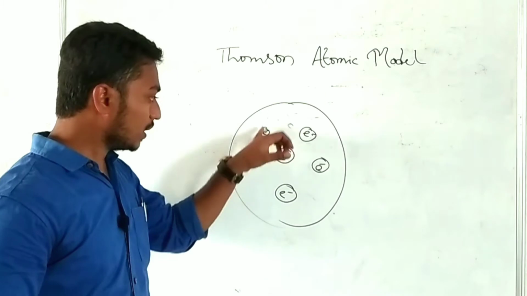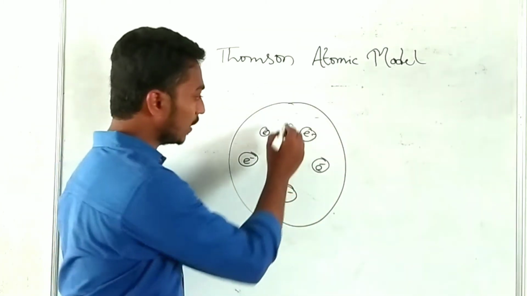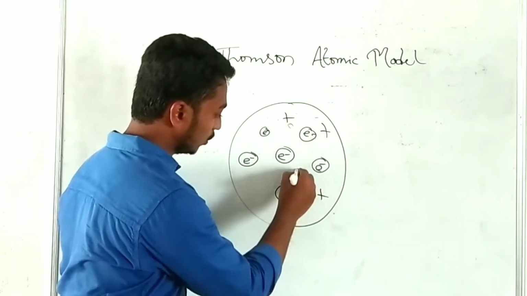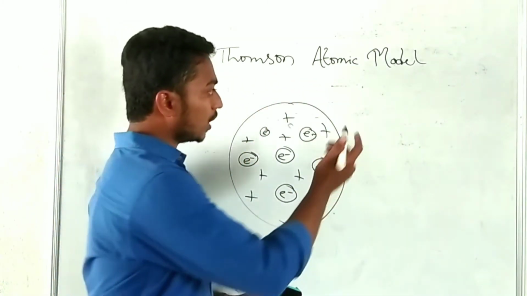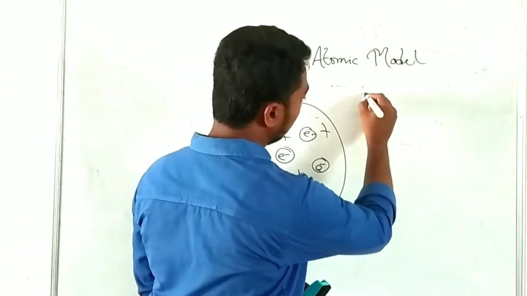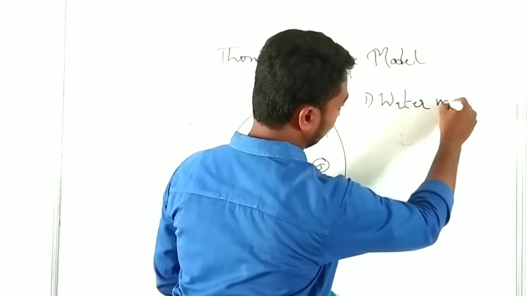The seeds are the negatively charged particles, and the remaining whole part is the positive part. This is known as the Thomson atomic watermelon model.